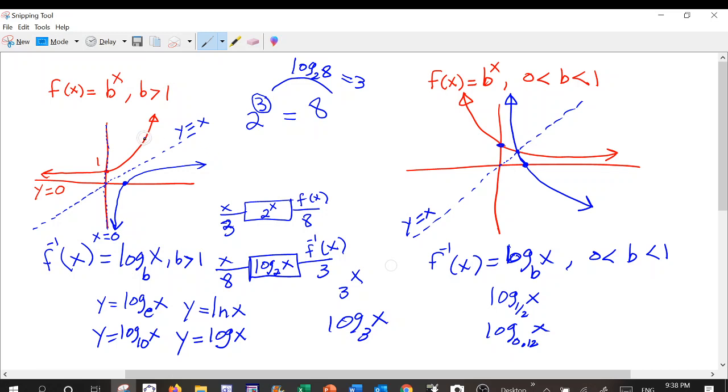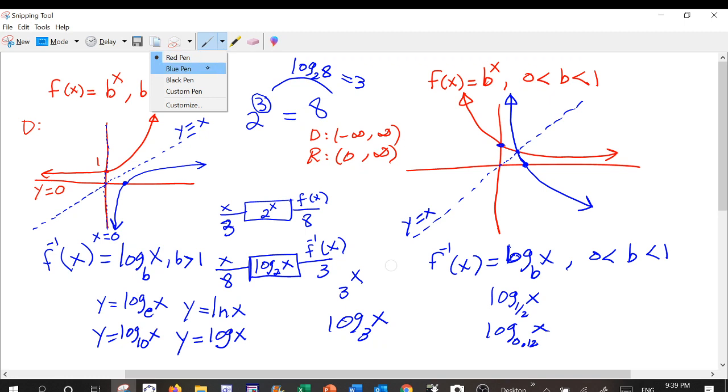So we know the domain and range of the red one. So let's write it down. We know the domain of the red one in both cases, right? Let's write it in the middle here. So the domain of the red one is all real numbers, and the range is 0 to infinity.